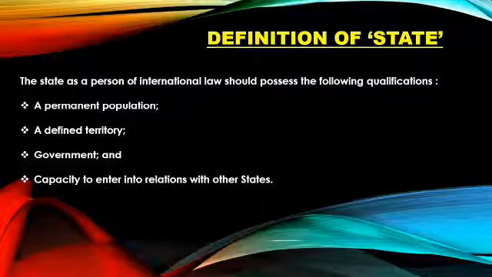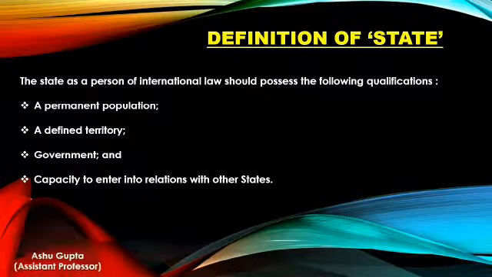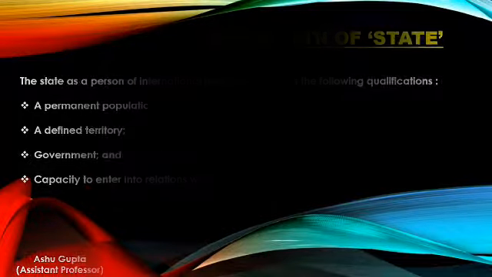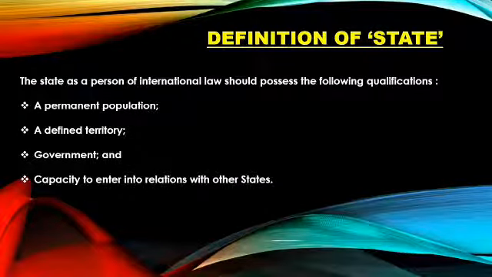Then the third one is a government. We already know that for a stable community to function reasonably effectively, it needs some sort of political organization. So it is required that an effective government be created, and this political authority must be strong enough to assert itself throughout the territory of the state without foreign assistance.